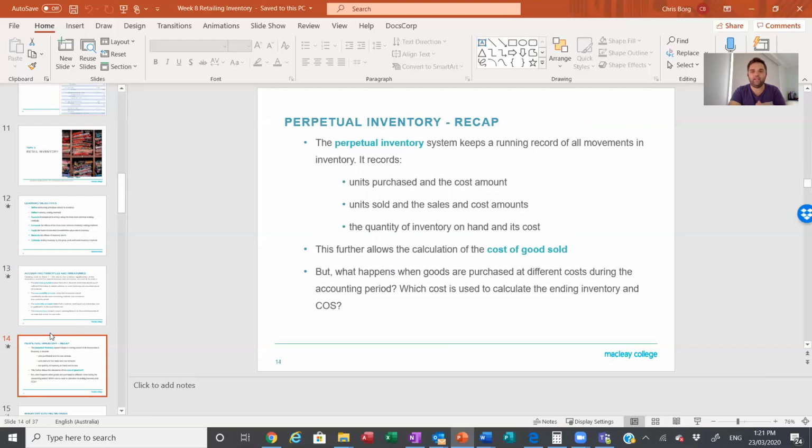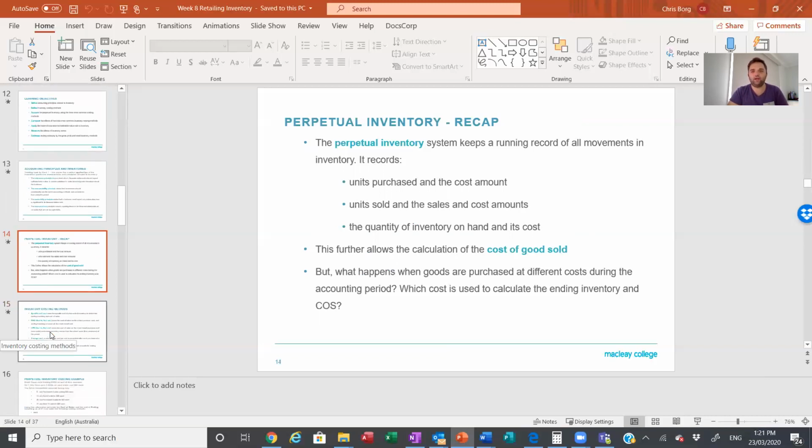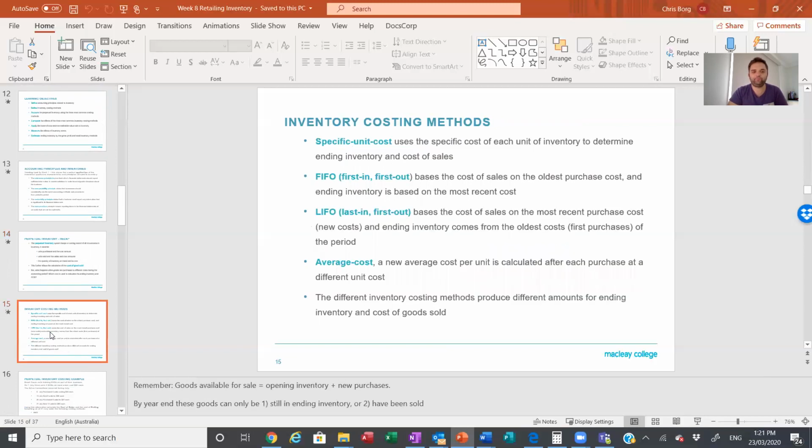Compare that to periodic, for instance, where it just looks at it maybe once a month, once every 6 months, once every 12 months, which also makes it difficult to identify errors in our stock control or identify theft or damage. Obviously, the perpetual inventory system provides a lot more ability to capture those sorts of things.